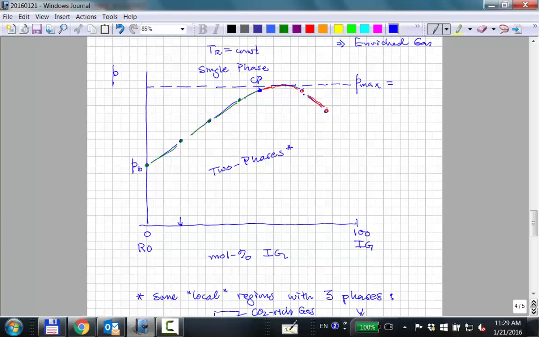But this pressure here, P max, that's the lowest pressure where the injection gas is directly, and I have to put this term directly, I could just say miscible, but directly miscible, meaning we just mix the two.